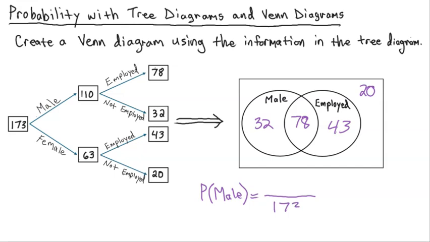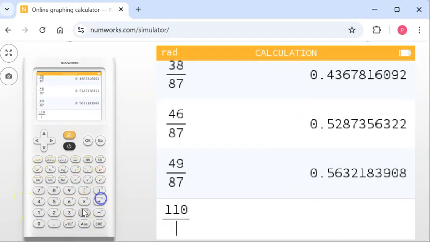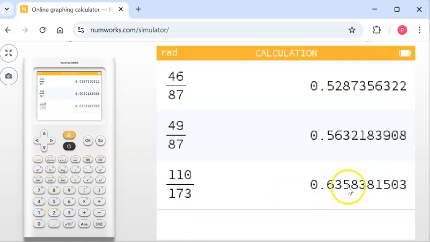So it'd be 173, and then the total number of males. Well, here's male, the total number is 110. Another way to get 110 is we could take all the males, 32 plus 78, that equals 110. And then we would go to a calculator and do 110 divided by 173.